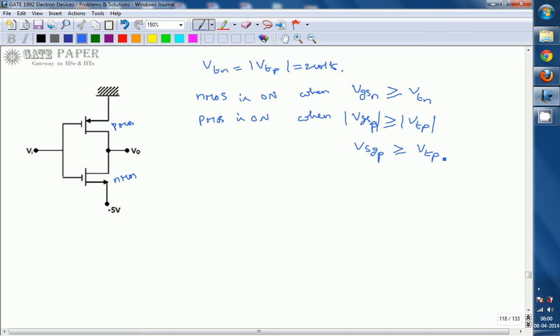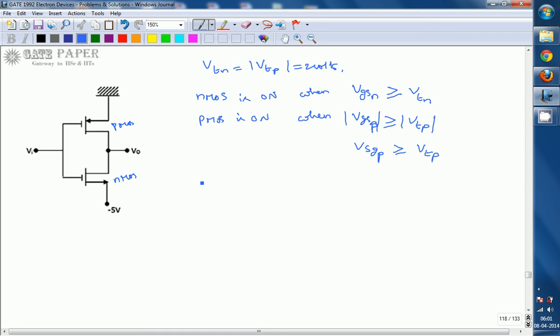Both equations are the same. There is no need of magnitudes, it will take care of the sign.